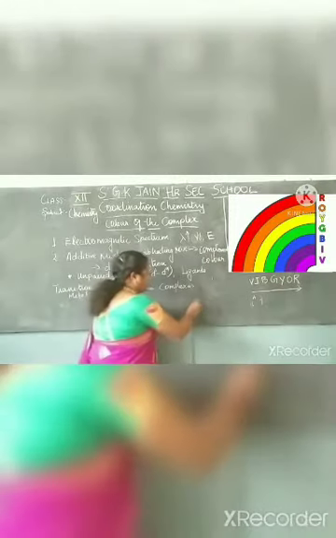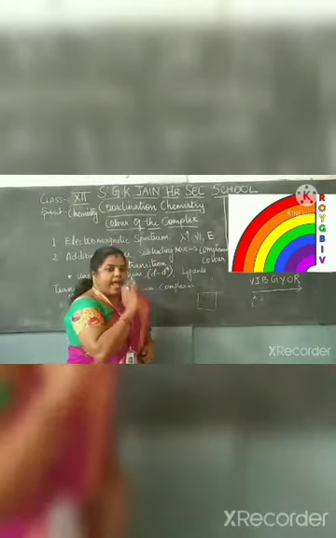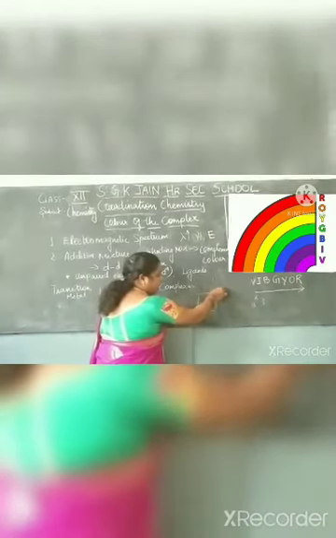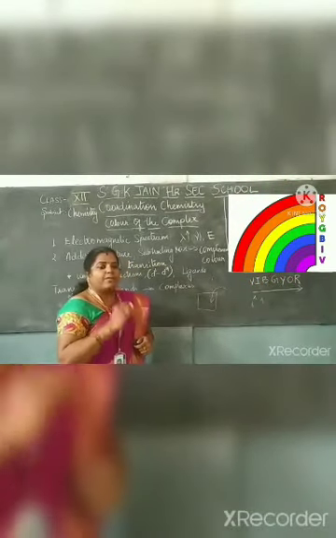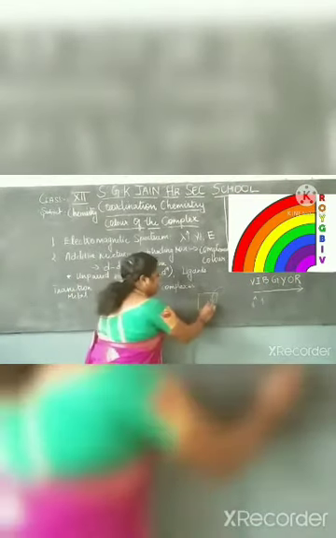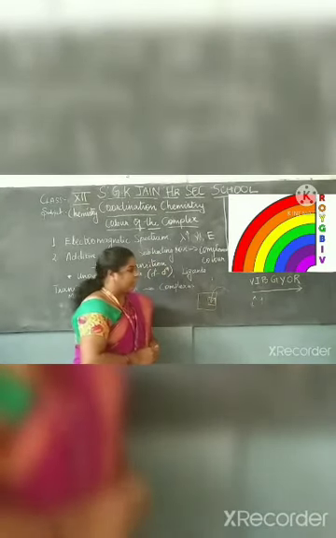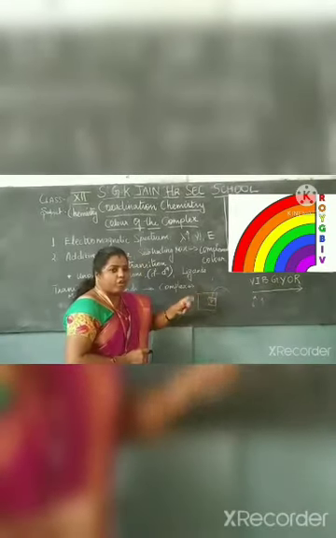Subtractive mixture means if you consider a compound which is colored, and visible light is passed over it, a certain part of the visible light is absorbed. The remaining part is received by your brain, and only then can we see the color of the compound.